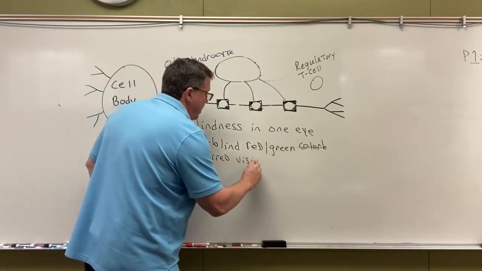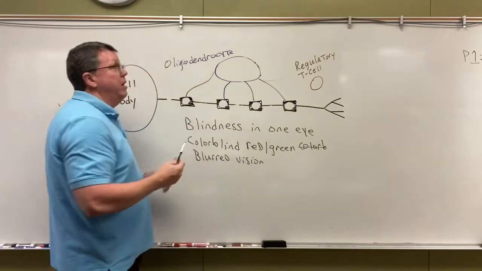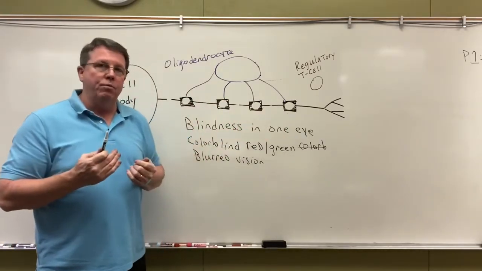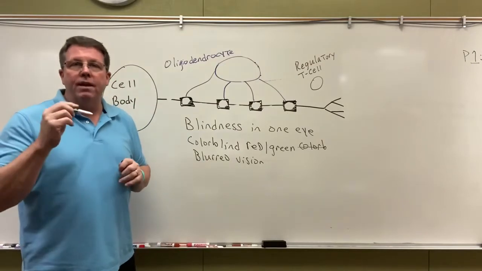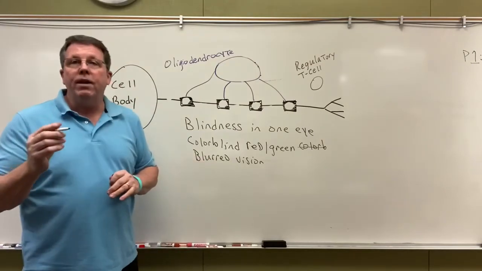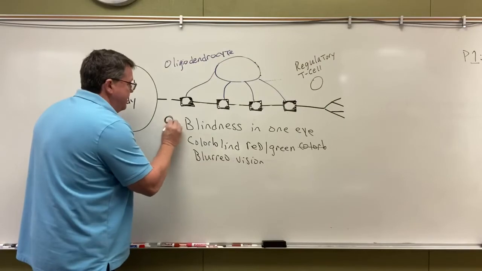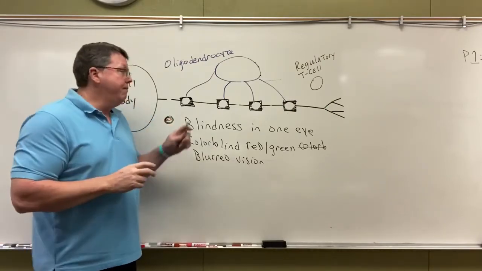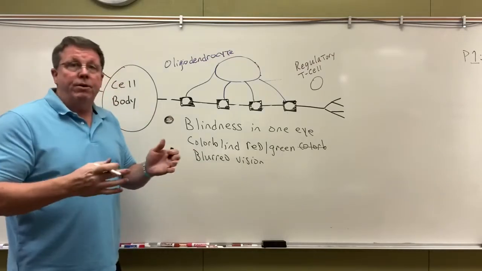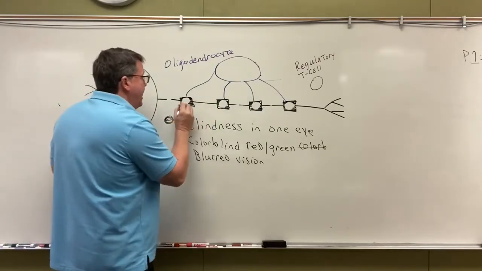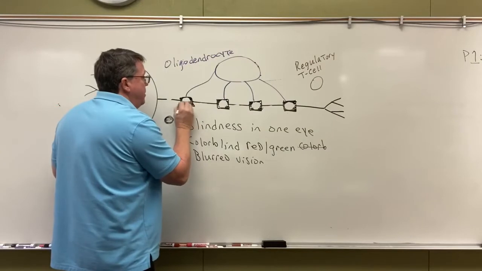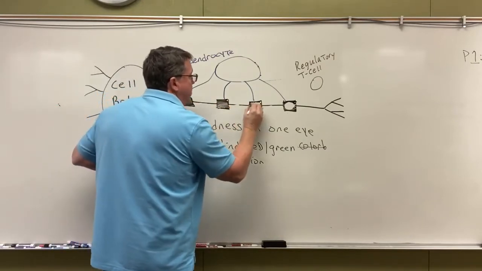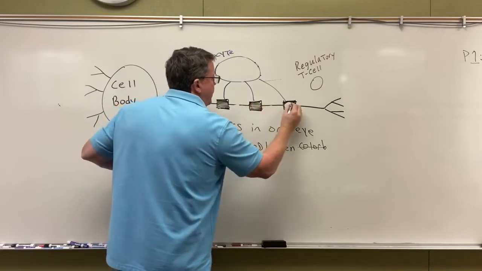Once again, because if this signal is supposed to be traveling, let's say 300 miles an hour, and now it's going slower, it's taking longer to get to the brain. Sometimes people will get, like we said, blurriness. Sometimes in the field of vision, you'll just have a black dot right in the center. Now let's say the whole attack stops, my oligodendrocyte repairs the myelin, and all of a sudden, these symptoms go away.